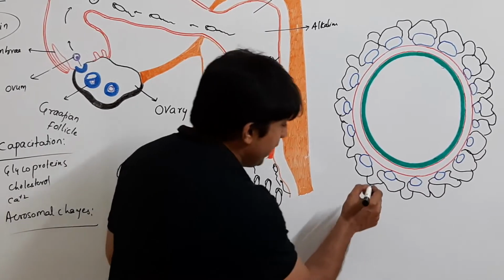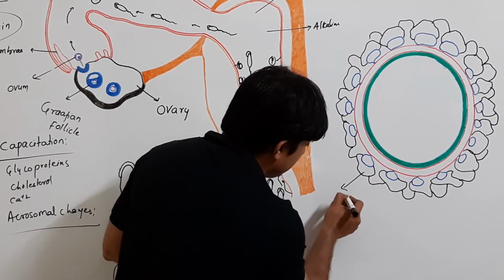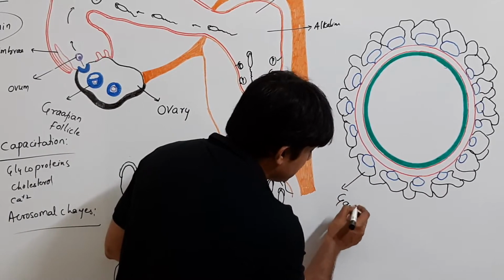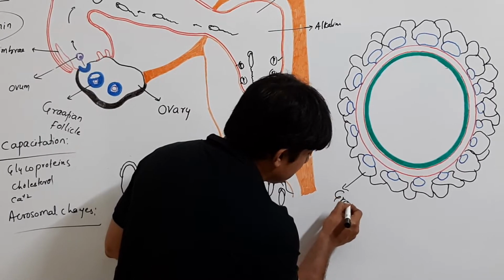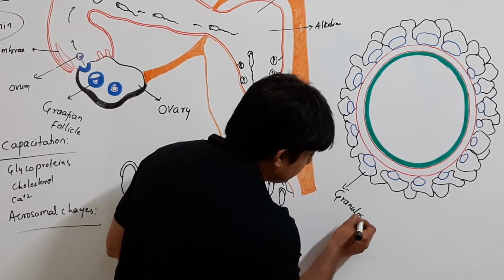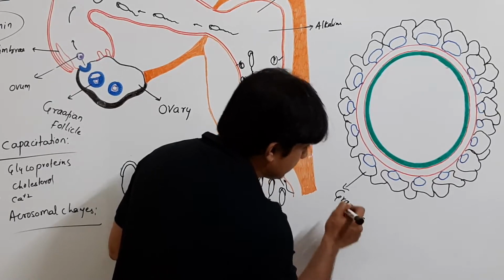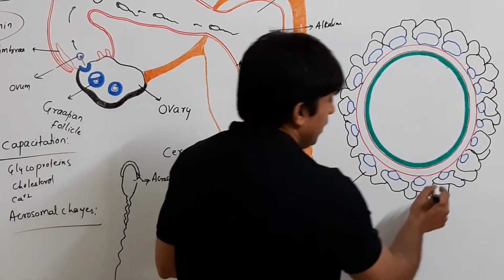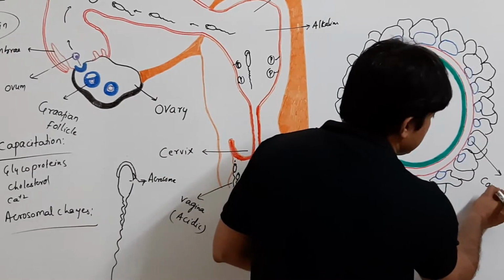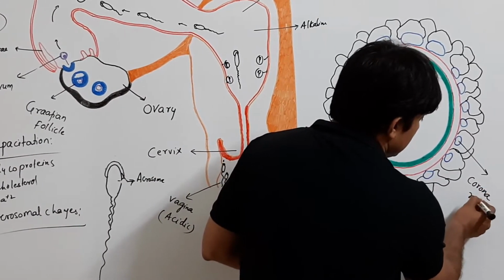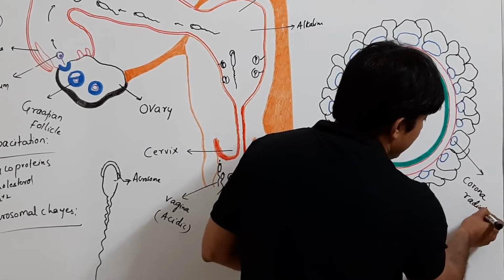All these from outside are granulosa cells. These blue ones are the cells called corona radiata.